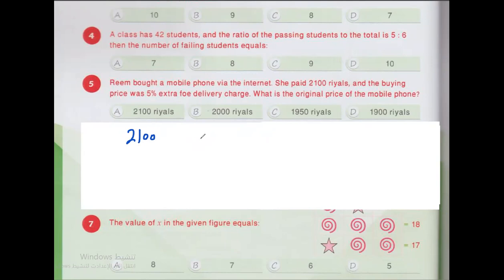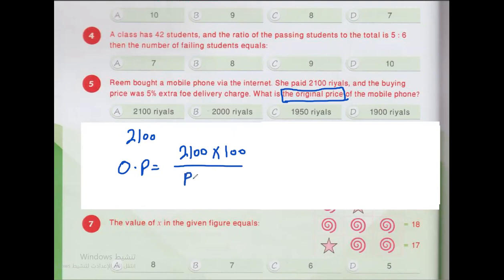Okay, I give you a law that I think is easy for you. When they ask me the original price, the original price equals like this. You write 2,100, this number here, times 100, divided by the percentage.